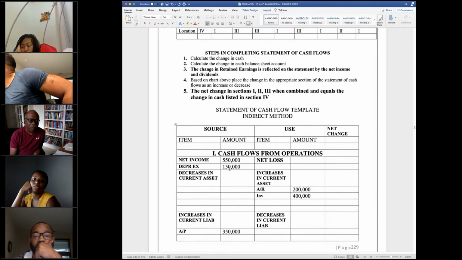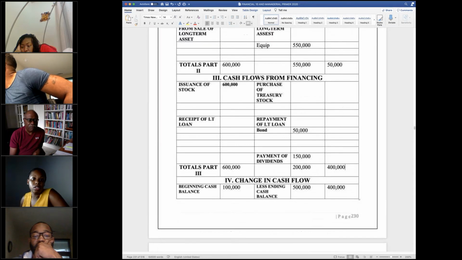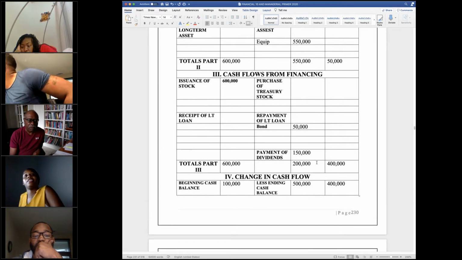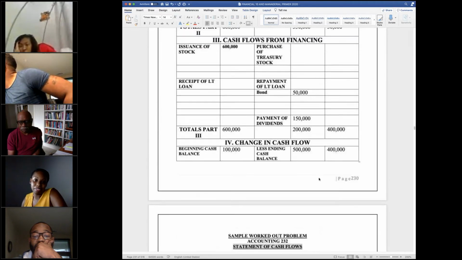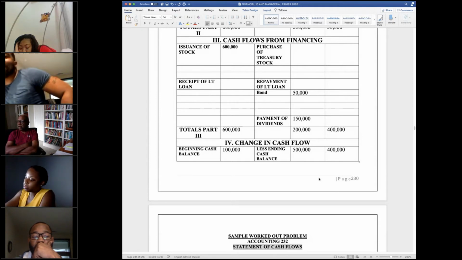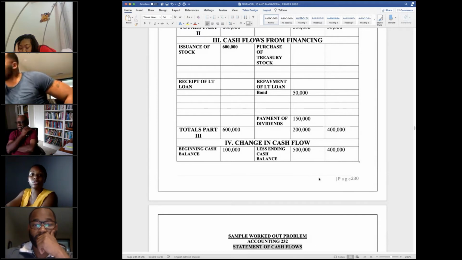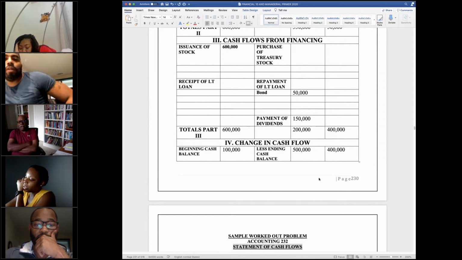Then put the depreciation. Fourth thing? Dividends. Yeah, dividends. And use that formula: beginning retained earnings plus net income minus ending retained earnings gives you the dividend. So this is not that hard, and you have a template. You just have to figure out where to put things on the template, and with practice you can get there.